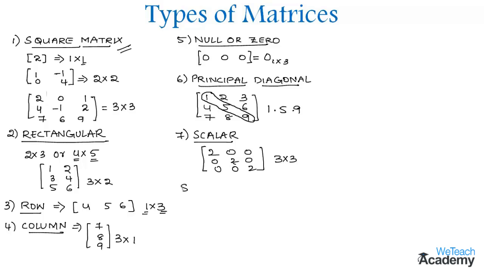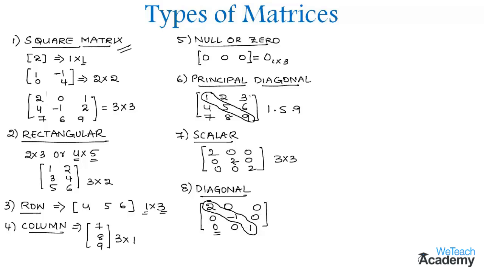And now let us discuss the next one, which is a diagonal matrix. Here this is a diagonal matrix in which the diagonal elements, which are 2, minus 1, 1, are not equal to each other, and the rest of the non-diagonal elements are 0. Then such a matrix is called a diagonal matrix.